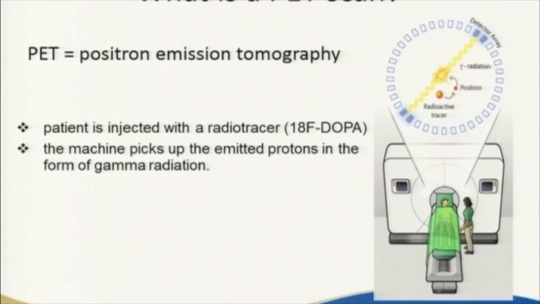F-DOPA is used to make dopamine by the body. Okay, so the fluorine-18 is an unstable radioactive material, and as it decays to find its stability, we can measure the radiation with the detectors on the PET scan and create an image. So the patient, your child, would be injected with the radiotracer.